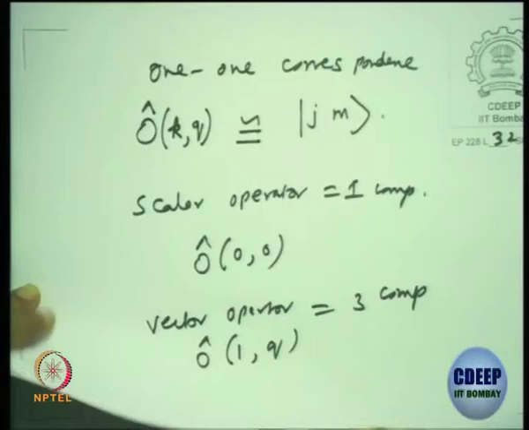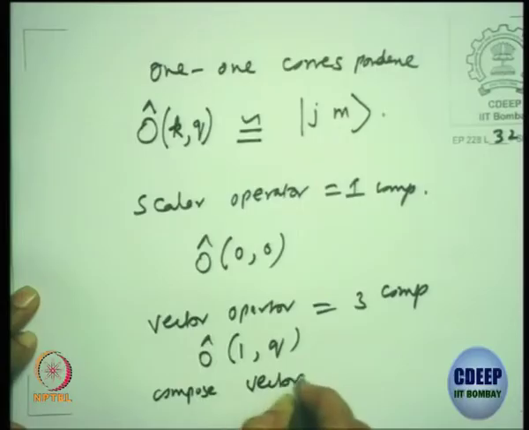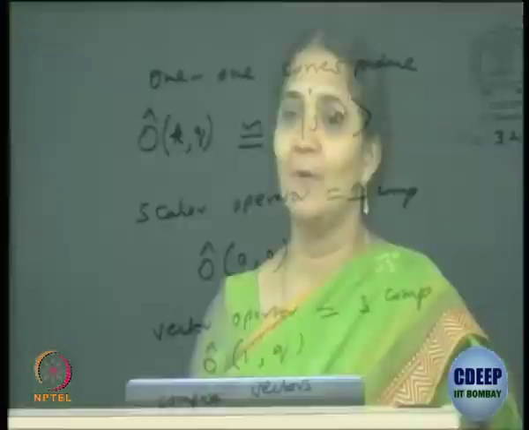And the next thing is, you can compose vectors to get higher rank tensors. You can compose 3 vectors to get a third rank tensor. Whatever I did today is AiBj, but you can take AiBjCk and get a 3-indexed object.